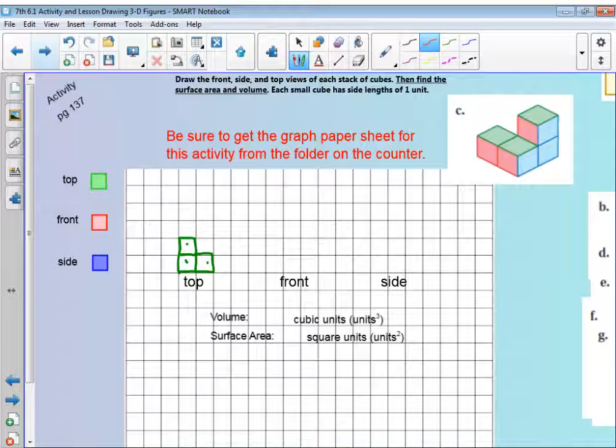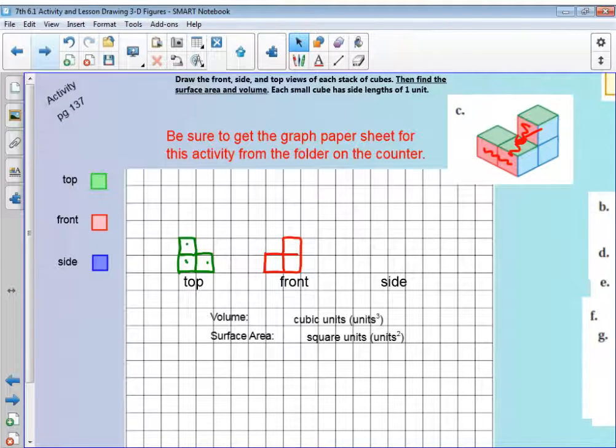So I would have 2 on the bottom, and then on the right side, 2 stacked high. If I were to pull this one forward so that it was matched up, it looks something like this. Okay, and if yours is turned the other way, that's okay. We're still seeing those 3 blocks.